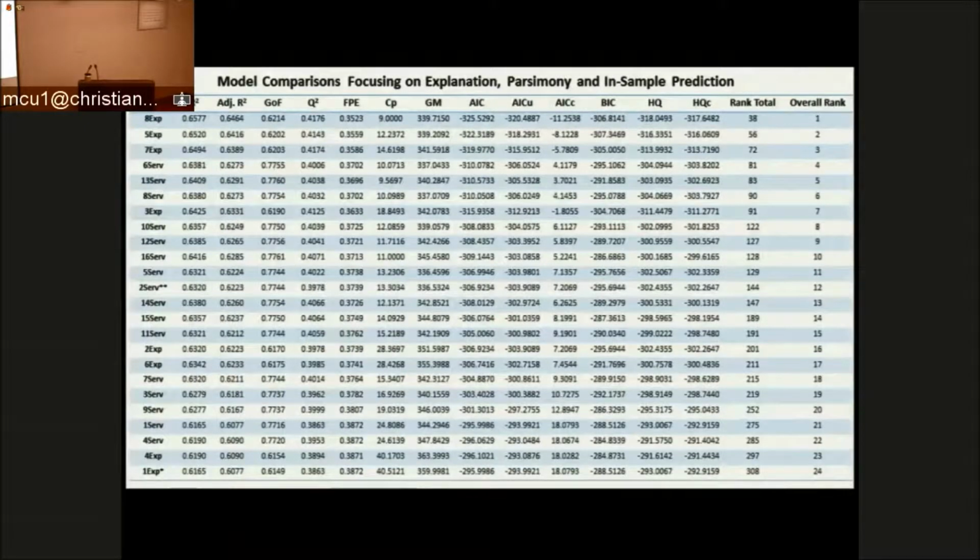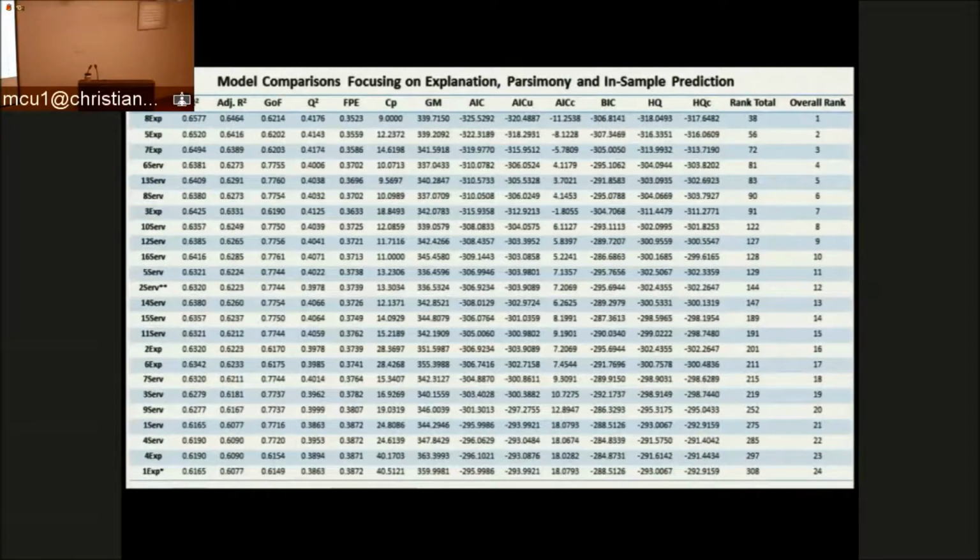So you can see the overall rank here. I have ranked all these models first based on the explanation power, which is the R squared, adjusted R squared, and goodness of fit. Parsimony, which is all these indices, so these are all the information theoretic criteria, AIC, BIC, and all the related criteria.